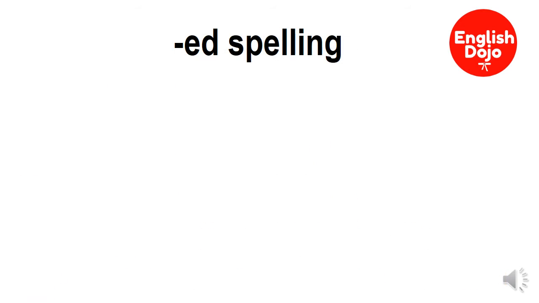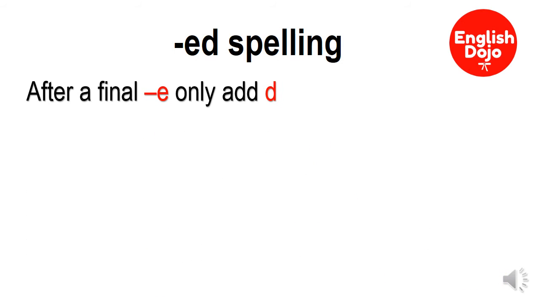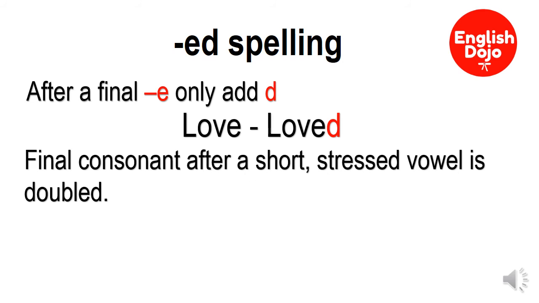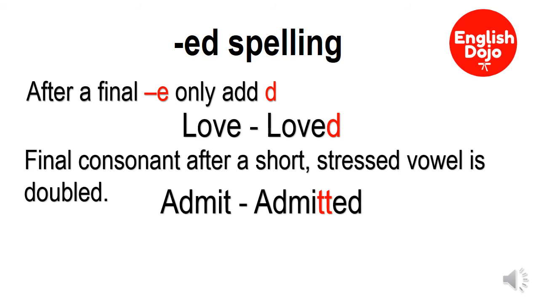For the ed spelling, remember after a final e you just add the letter d to transform it into either the simple past when it's a regular verb or the past participle. The final consonant after a short stressed vowel is doubled. Remember that rule.